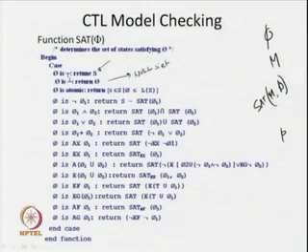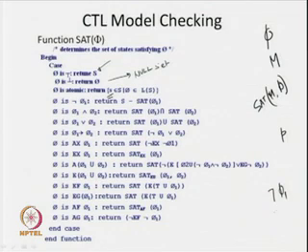If my given formula phi is atomic, it is going to return all such states which are members of the labeling function for that state S. Now, if my given formula phi is the negation of phi 1, I am giving a formula phi which is the negation of phi 1.